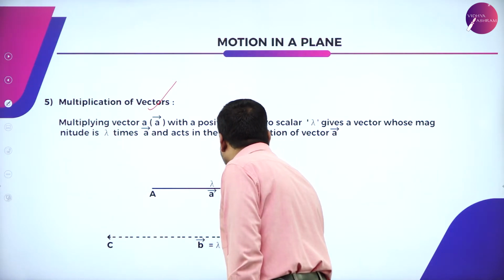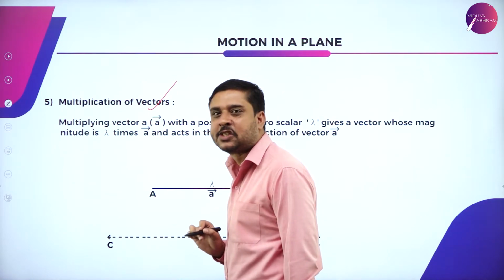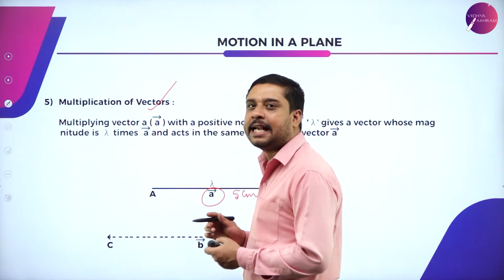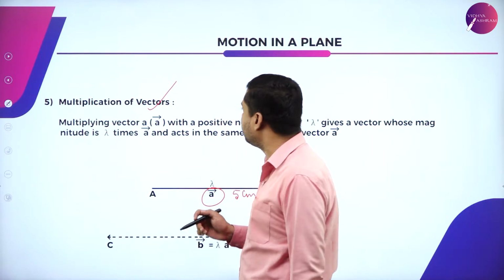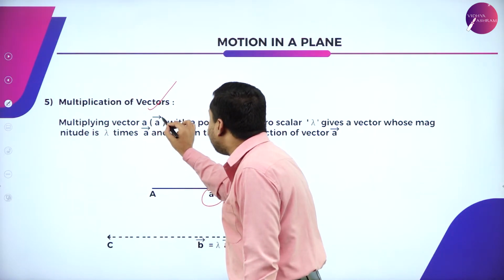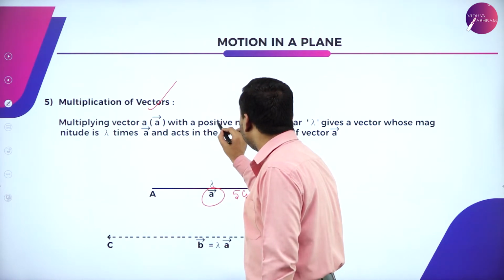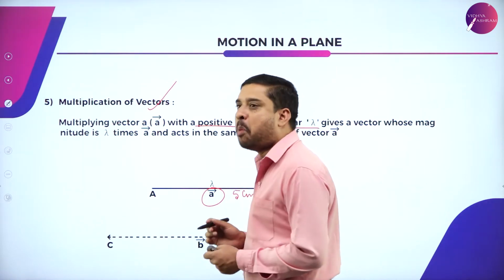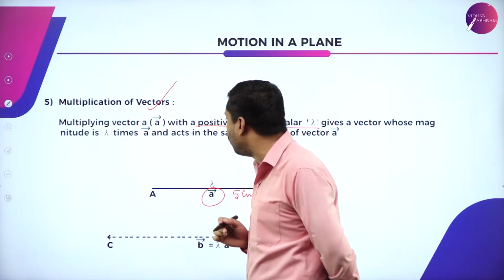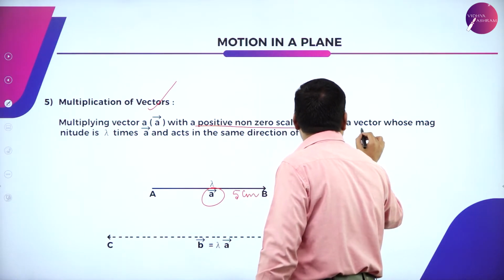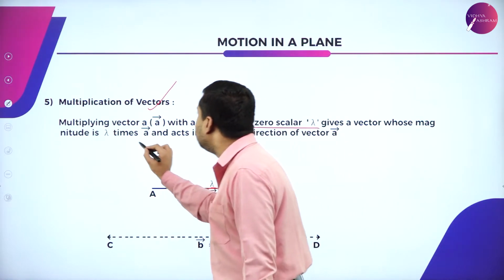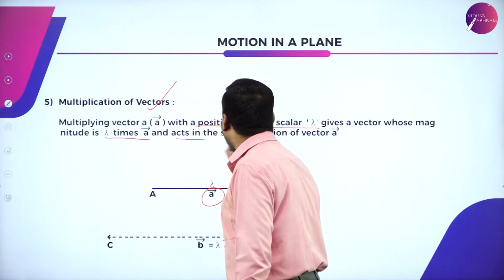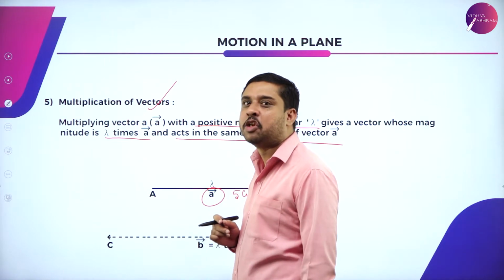I say the length of the line segment is 5 centimeters and it is represented as vector A. Multiplying vector A with a non-zero positive scalar gives a vector whose magnitude is lambda times A and acts in the same direction as A.